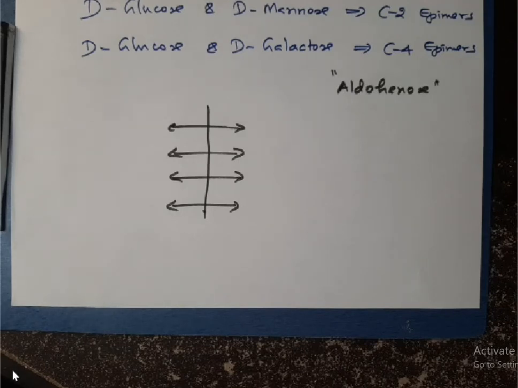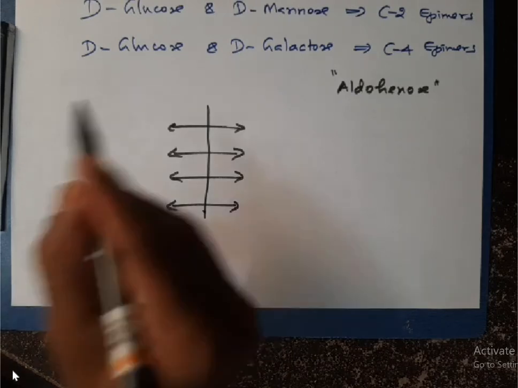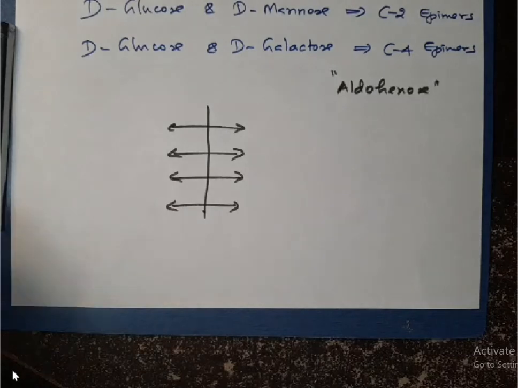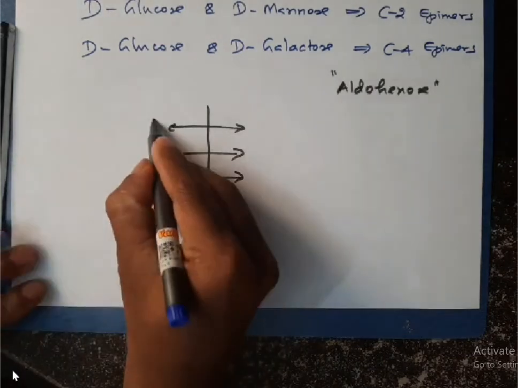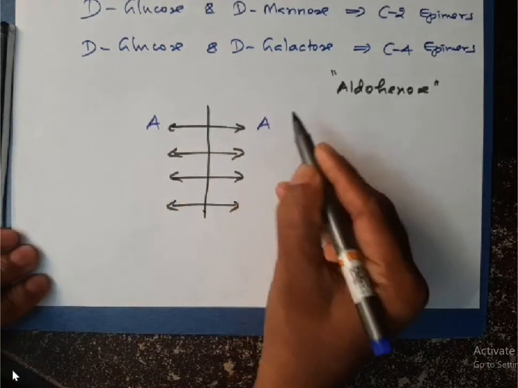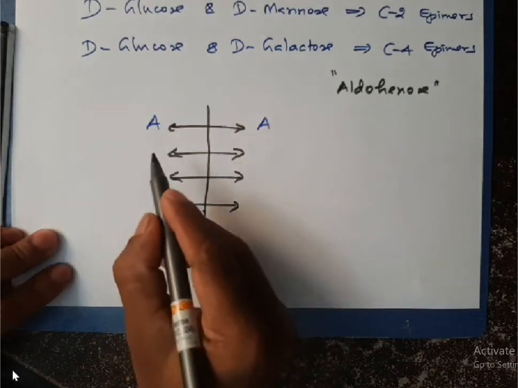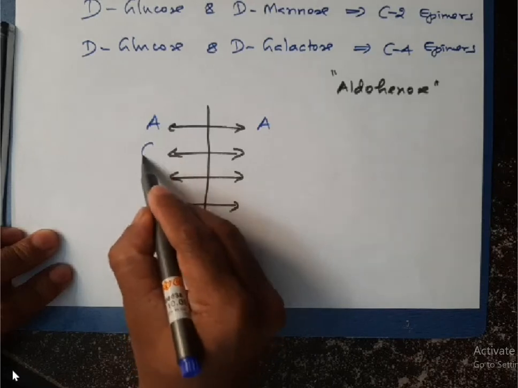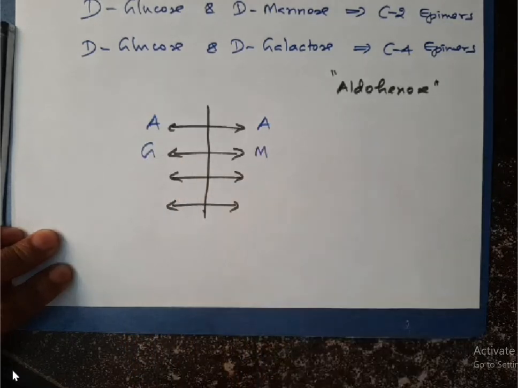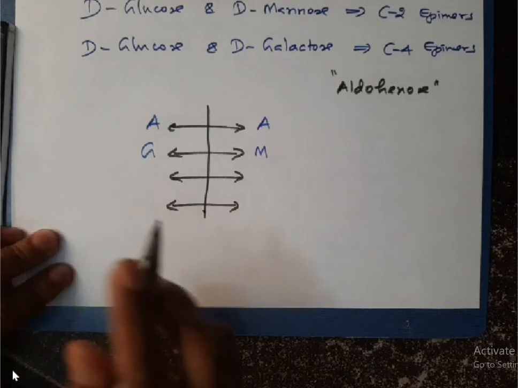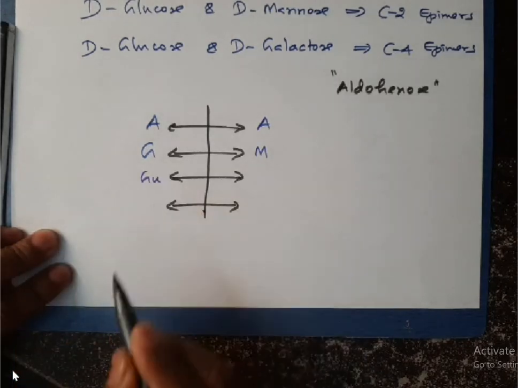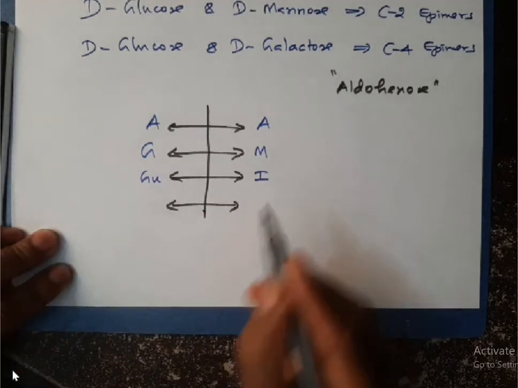Altrose, allose, correct? All OH group in right hand side. Allose. Let me put the symbol A. Allose, altrose. This here represents allose and this here represents altrose. Then glucose, mannose. Then gulose and idose.